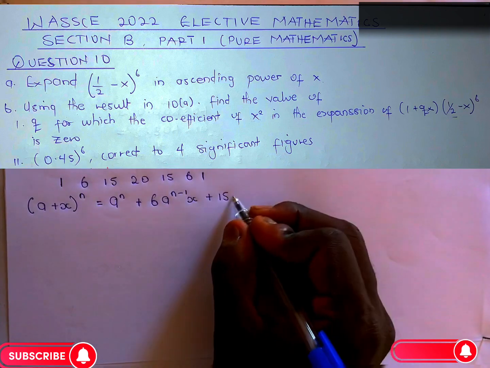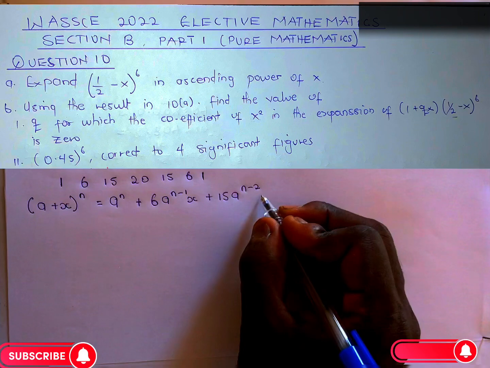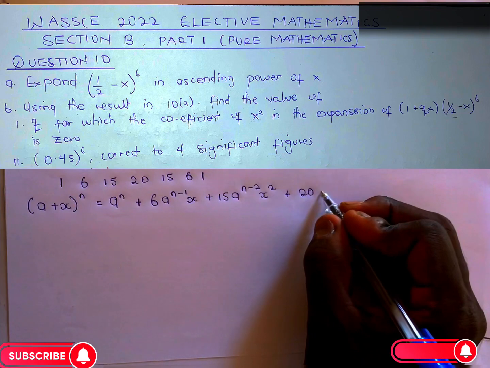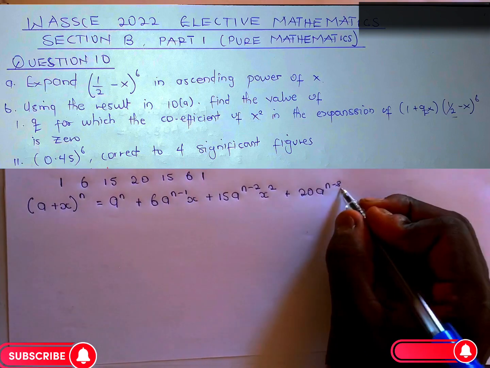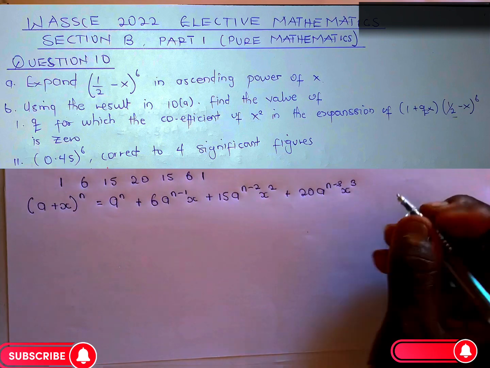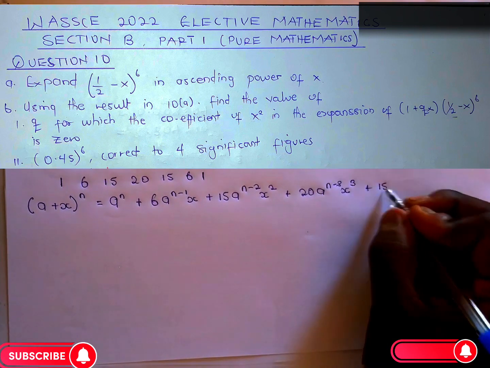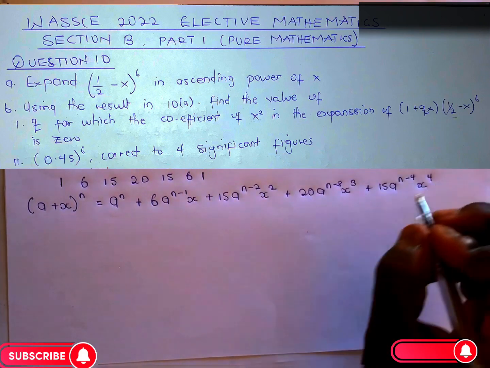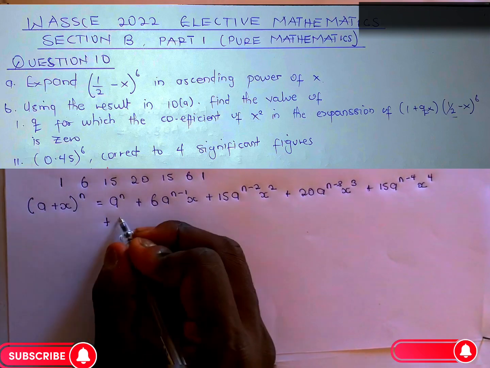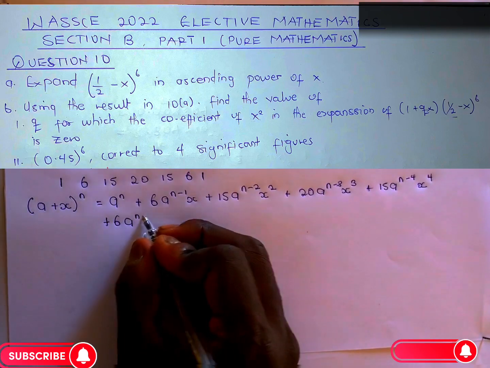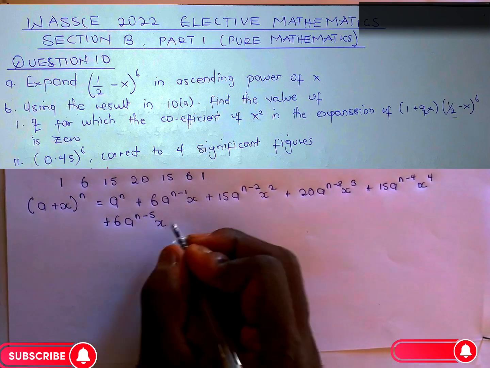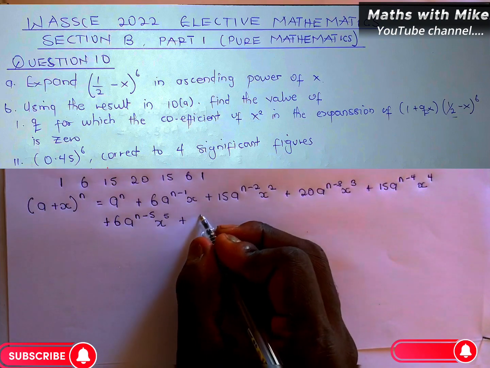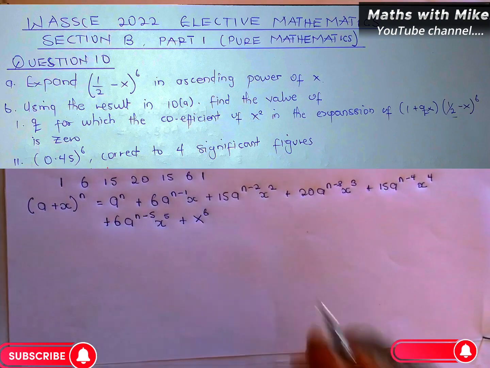Plus 15 a exponent n minus 2 x squared, plus 20 a exponent n minus 3 x exponent 3, plus 15 a exponent n minus 4 x exponent 4, plus 6 a exponent n minus 5 x exponent 5, plus the last one, 1 times x exponent 6.